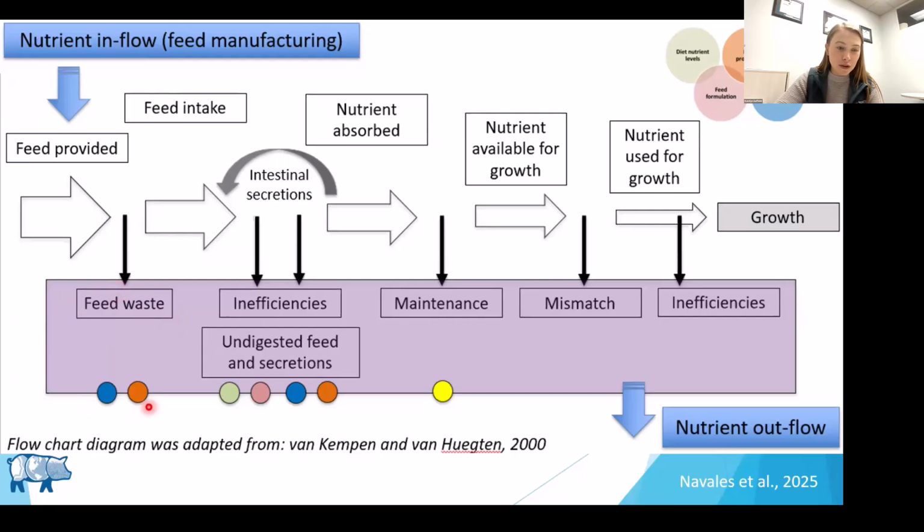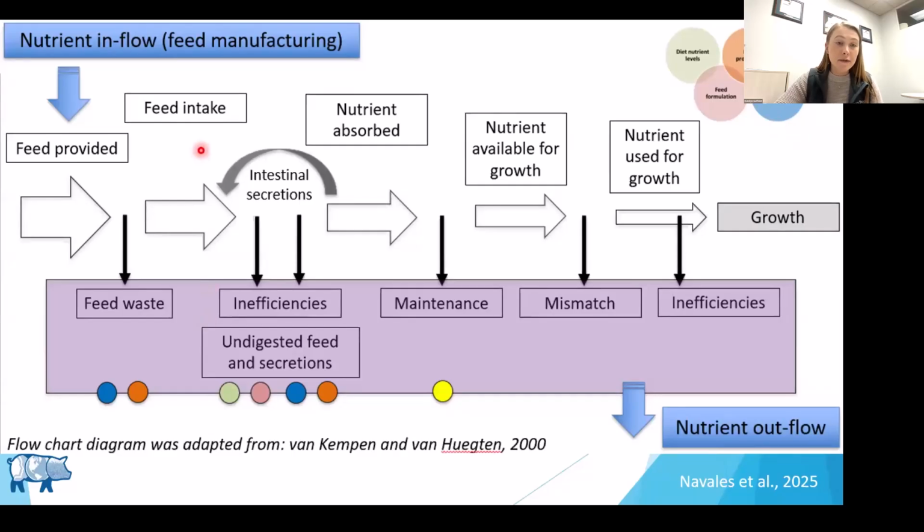And we can see that these 2 colored circles down here actually correspond up in this corner with different ones of those 5 categories we broke this review down into. And so we can see that we can help manage feed wastage through aspects such as feeding management, which would correspond with the blue circle.